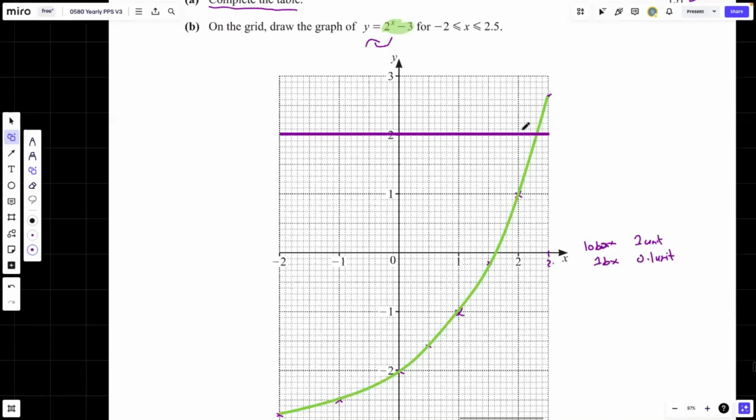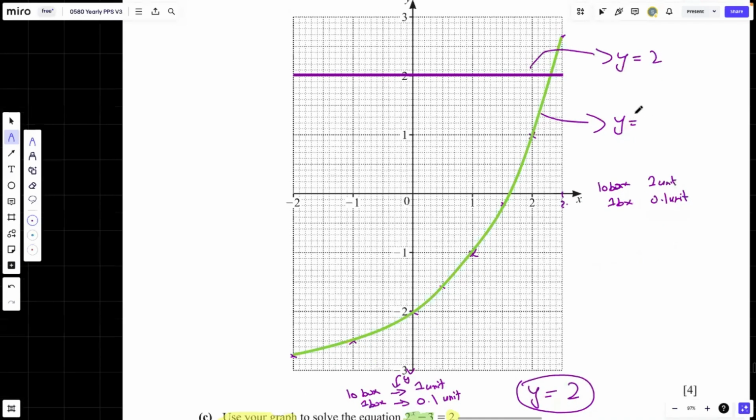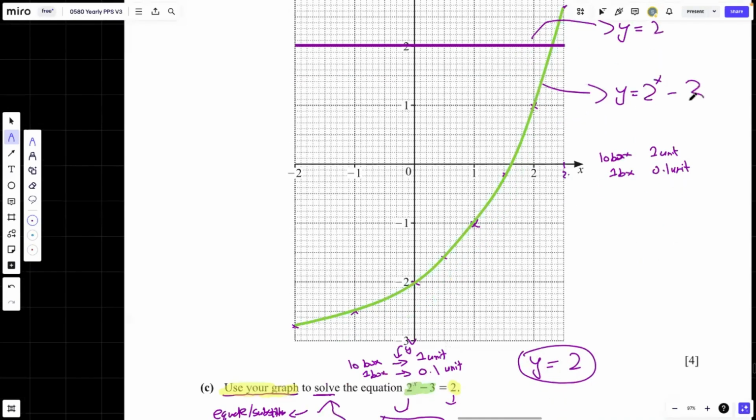Yeah, so that's your line y equals 2. This is the graph for y equals 2 to the power x minus 3.